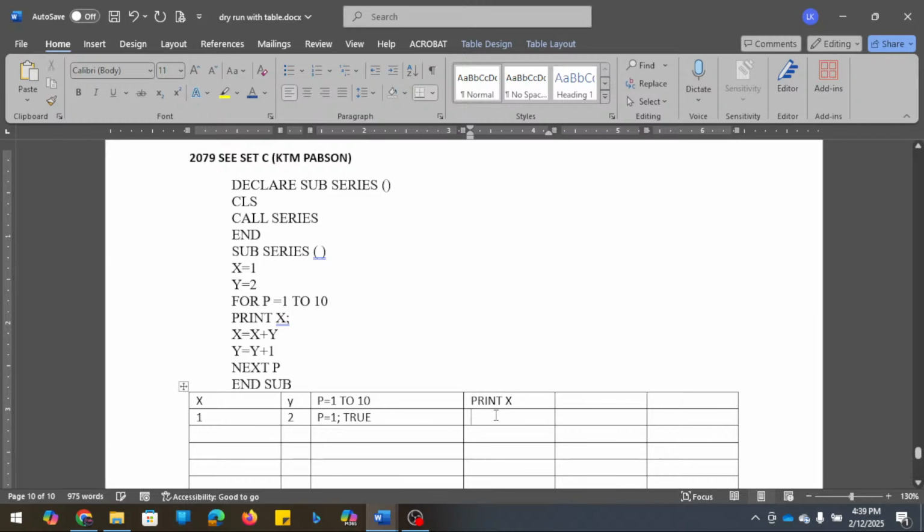It first prints 1. Now what is the value of x? x equals x plus y, so x is 1 plus y, y is 2, so that is 3.